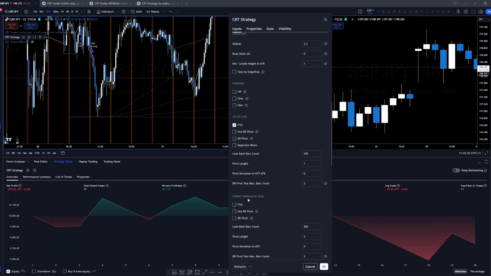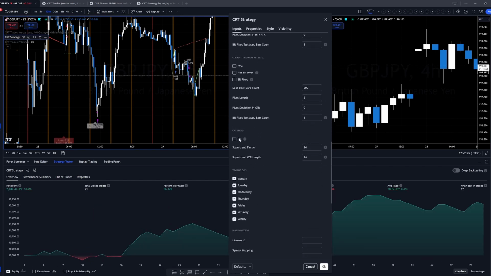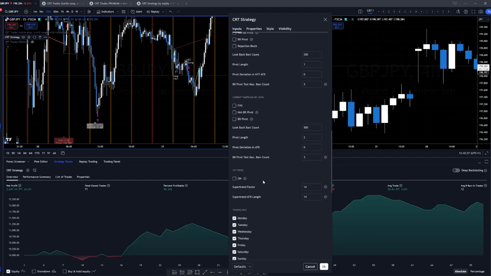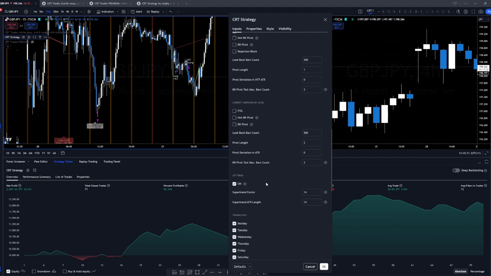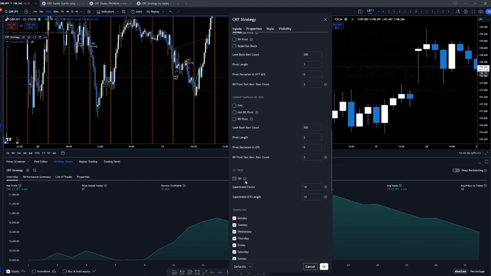The same applies for the current time frame key levels. So we can also filter by CRT trend. The main thing is that the premium indicator doesn't filter, it only shows the trend and the key levels, but the strategy is filtering by it.